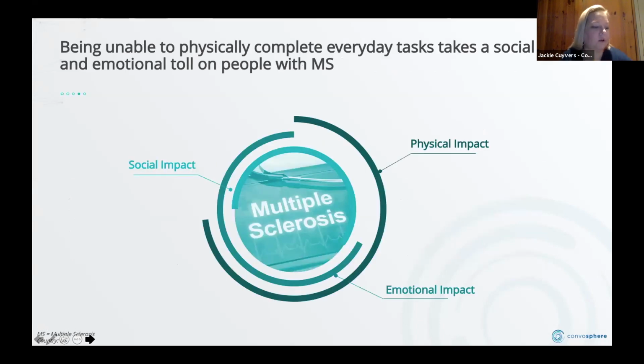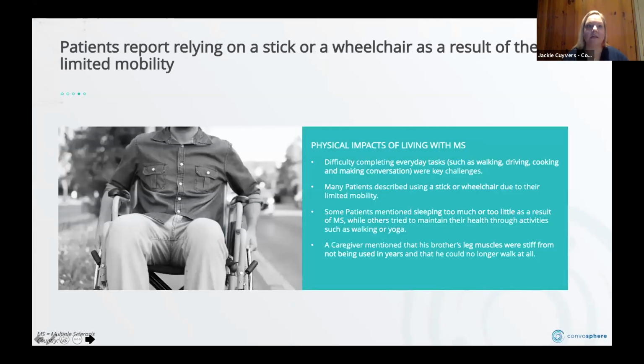So looking at the overall themes that patients experience, or the challenges that they experience, there is a social impact, physical impact, and emotional impact from MS, this chronic disease. Patients have to use different mobility devices in order to assist them. So walking can be difficult for different patients.